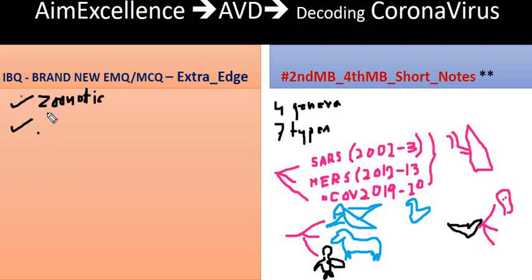So most of the cases are asymptomatic. If the question is which is the most common symptom, asymptomatic is the option that is going to be the answer to the question. This is a very important one-liner.